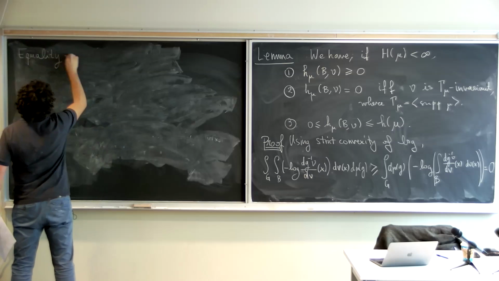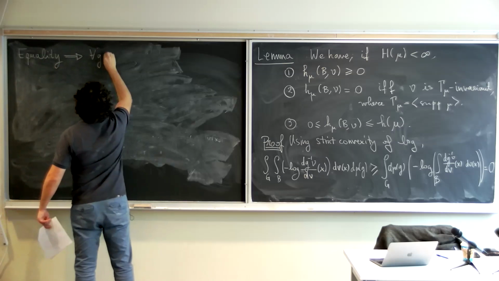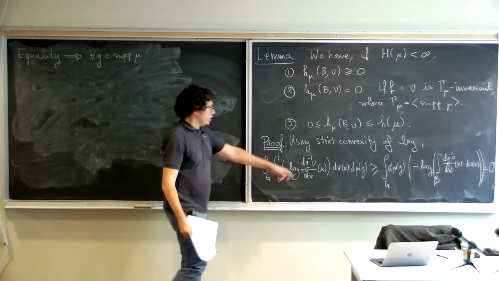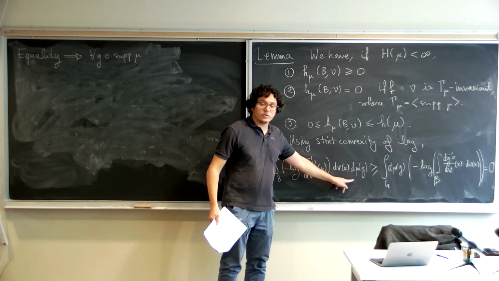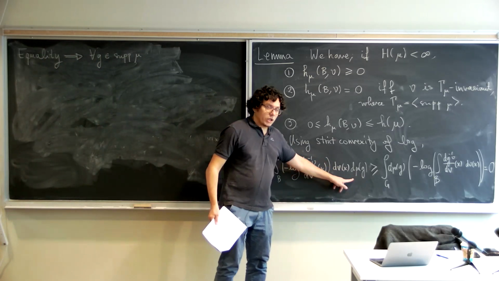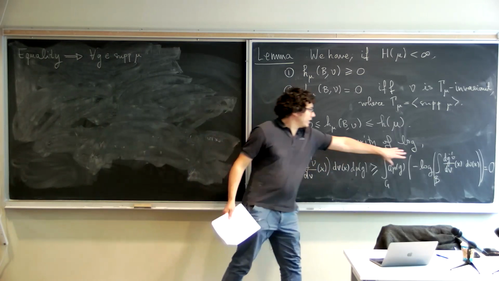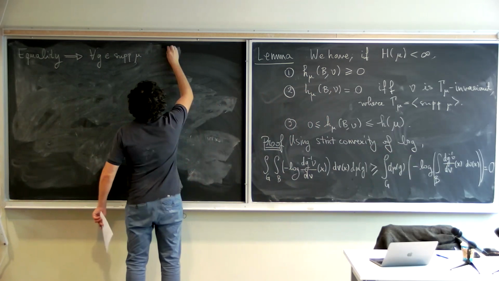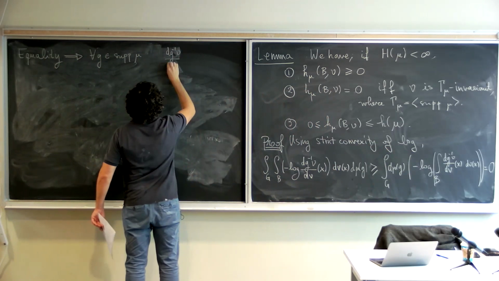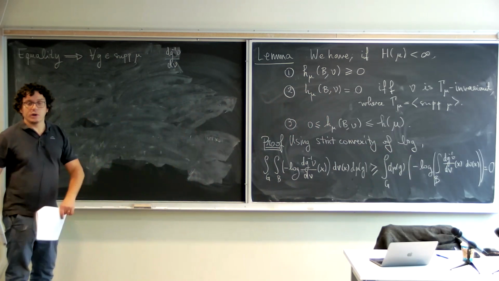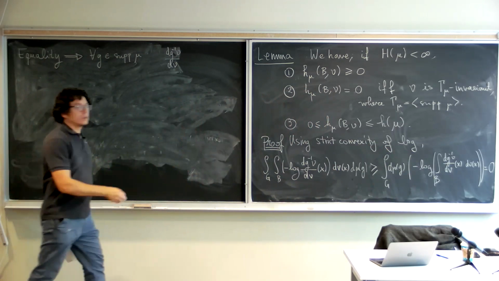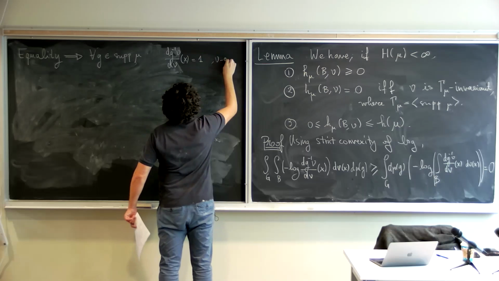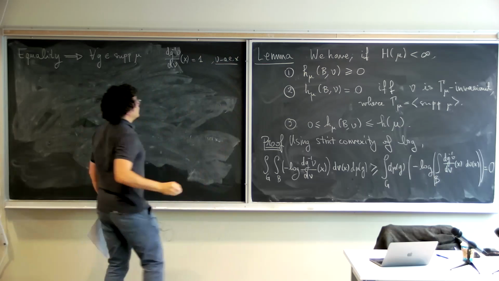would imply that for every G in the support of mu, right? Because this d mu G is non-zero only if G is in the support of mu, then you need to have this one equal to that one, which would mean that d G inverse nu over d nu of x should be 1 for nu almost every x.